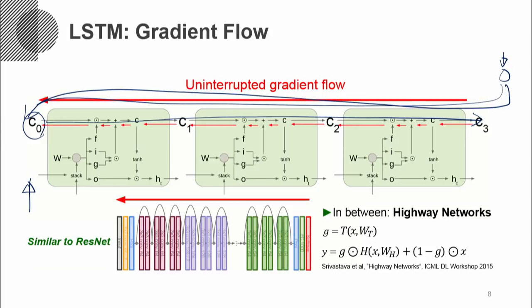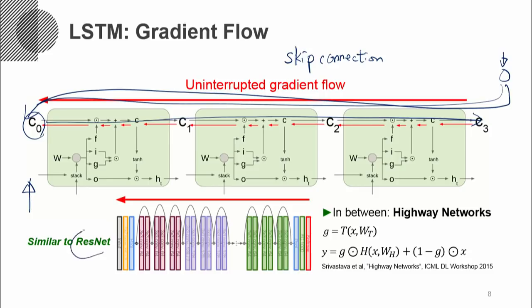And this kind of architecture is called a skip connection, and this type of skip connection structure has been widely used in many different neural network and deep learning architectures.